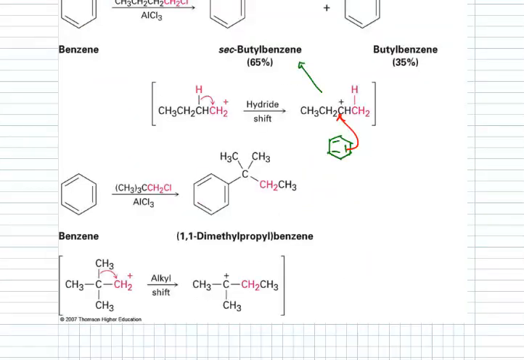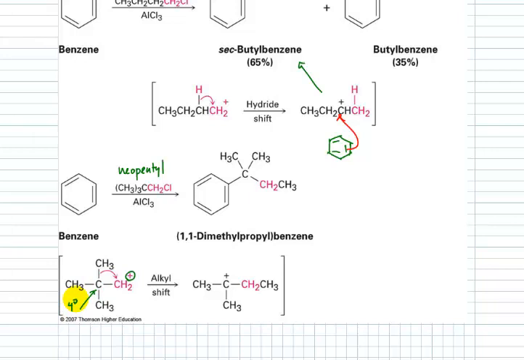Here's our neopentyl chloride. Instead of making a neopentyl group, we now have our attachment here at the quaternary carbon. That's because we made a neopentyl carbocation. Here was the alkyl shift, right? Because carbocation next to a quaternary center, we do an alkyl shift.